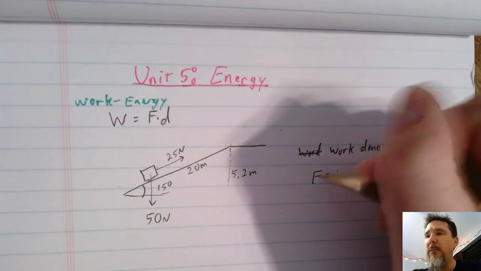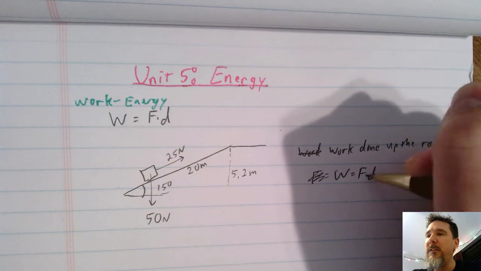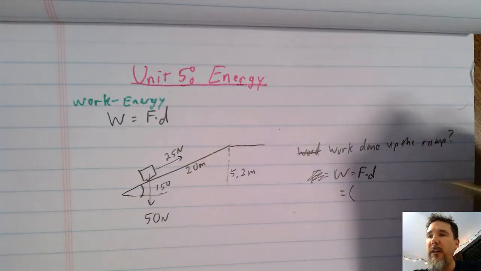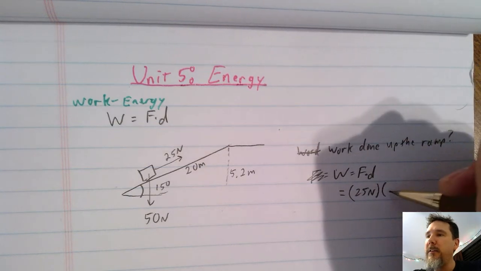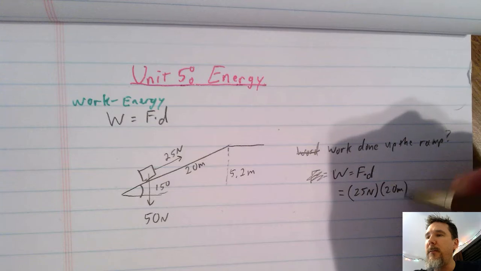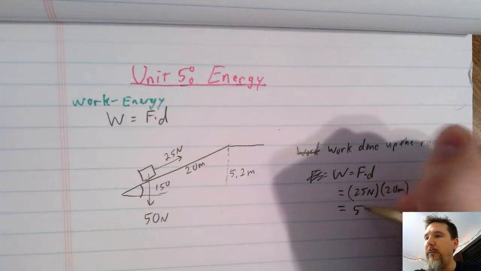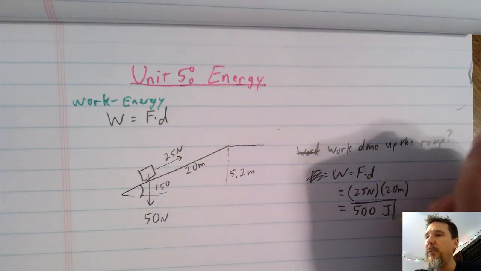Work is force times distance. The force is 25 Newtons and the displacement was 20 meters, which gives a grand total of 500 Newton meters. If you remember, Newton meters is joules.